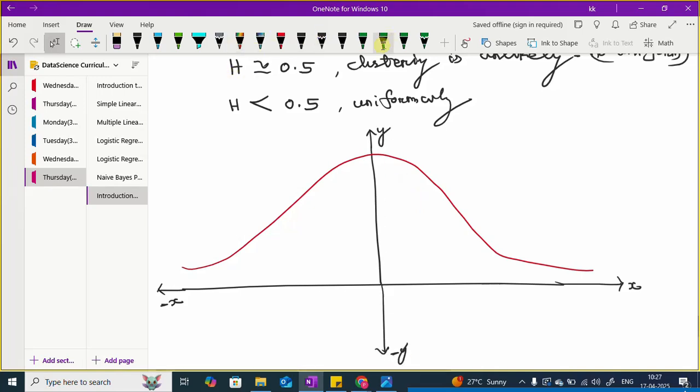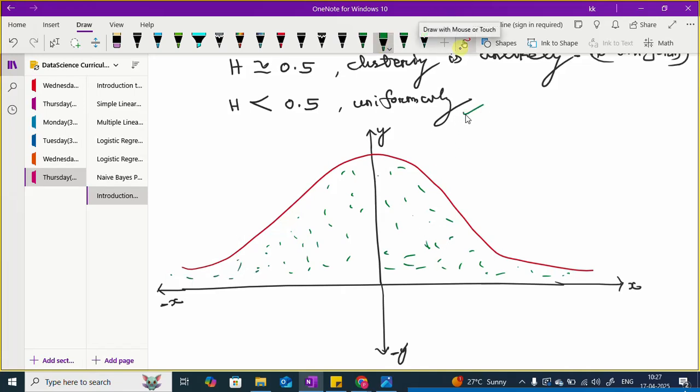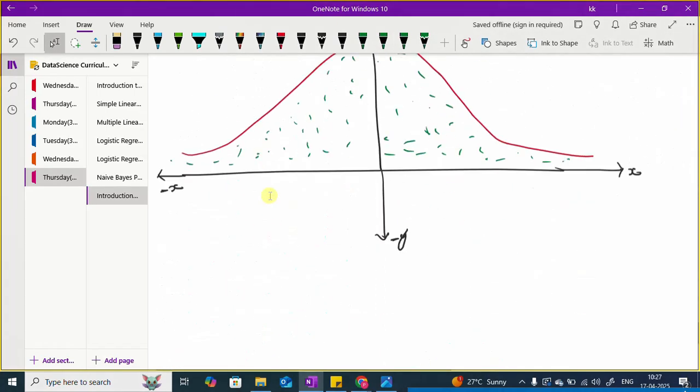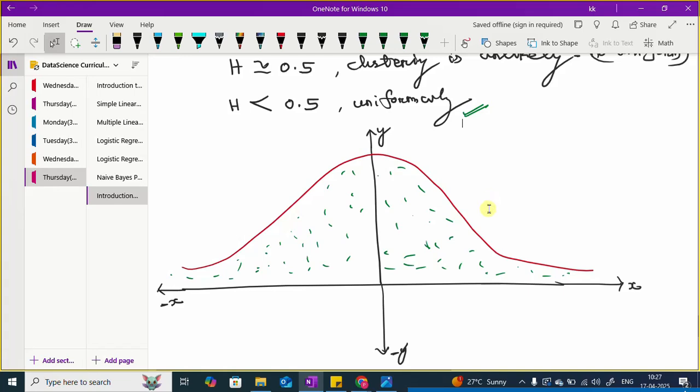Generally, the data points are present in a symmetric manner. The number of data points present on the left hand side is the same as the number of data points present on the right hand side. This is called uniformity. But if that is not the case, that is, H is not equal to 0.5, then it's not uniform. Maybe right skew, left skew, but it's not uniform.